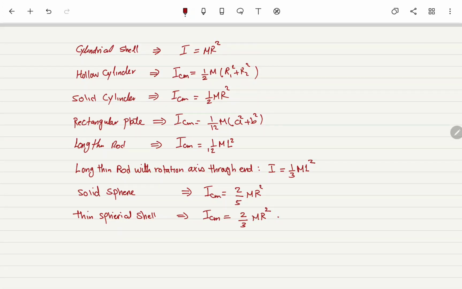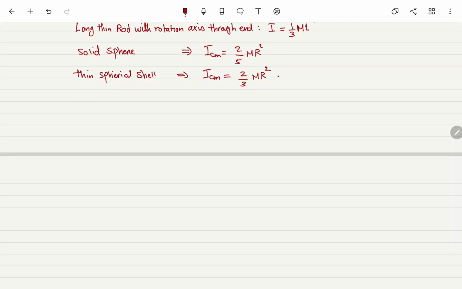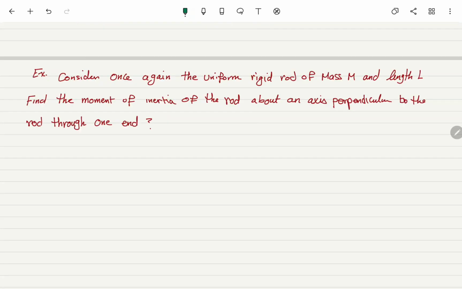Now this means that there's no need to do any integral calculations for these known shapes like a cylinder, hollow cylinder, a solid sphere, and so on. Let's have an example. Consider once again the uniform rigid rod of mass m and length l. Find the moment of inertia of the rod about an axis perpendicular to the rod through one end.